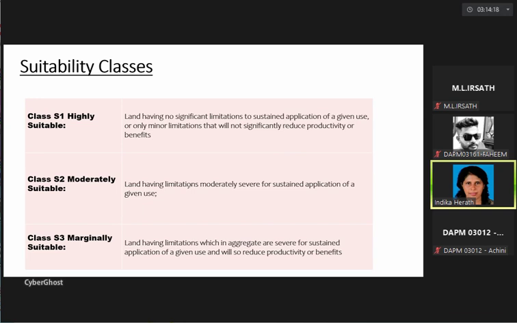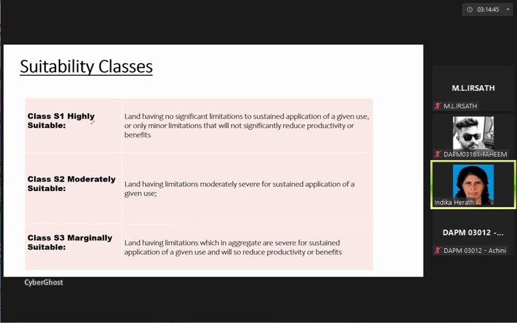So you have limitations, for example, water retention is poor. Then it is not as good as this, but you can't say it is not suitable. So then it comes to moderately and marginally. There can be a limitation, there can be a problem, but still you can manage. So that kind of classification is there for highly, moderately, and marginally suitable.